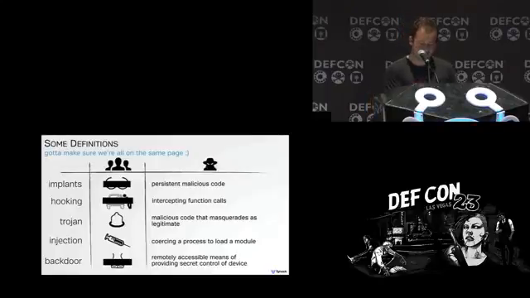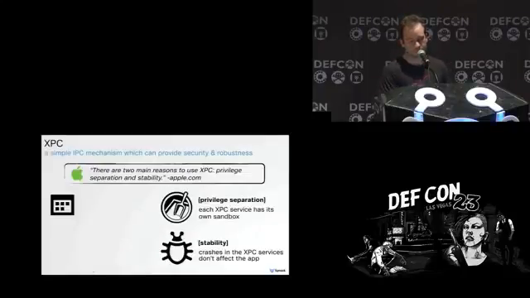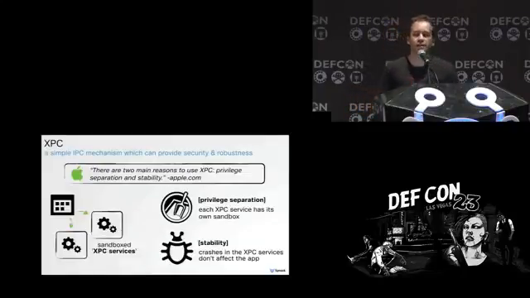With those out of the way, I want to start with a brief overview of XPC, which is a modern inter-process communication mechanism on OS X. Since root pipe is an XPC-related vulnerability, I think it's important to understand what XPC is and how it works. XPC is an IPC mechanism with two goals: privilege separation and stability or fault tolerance. Each XPC component is its own unique process.